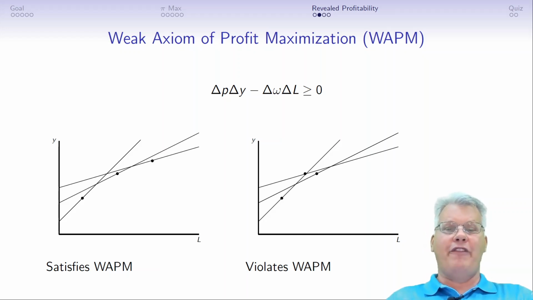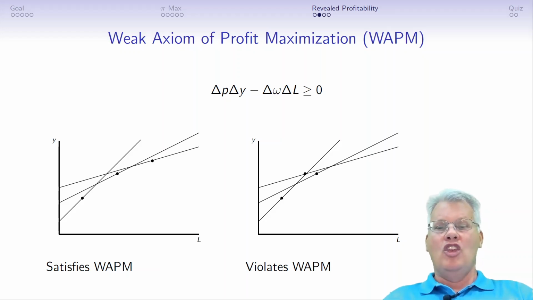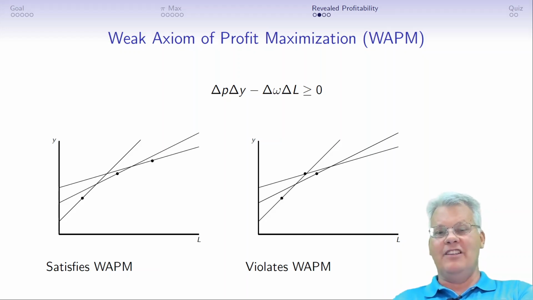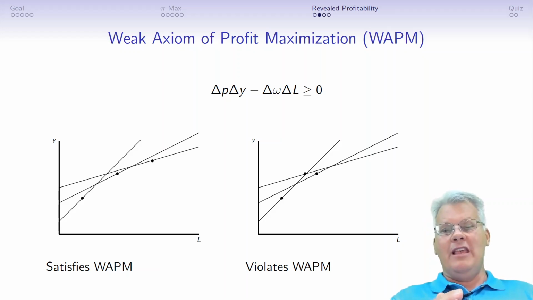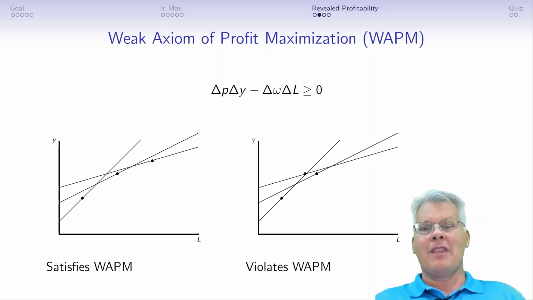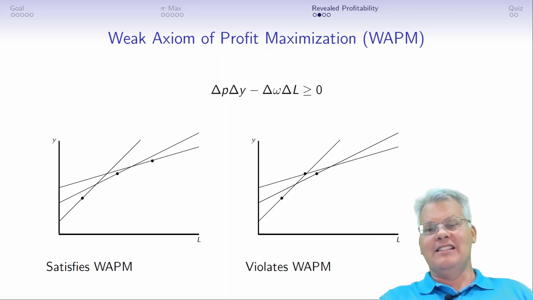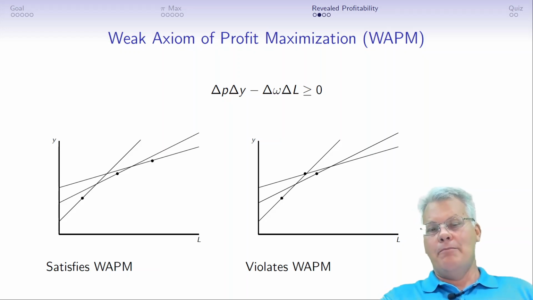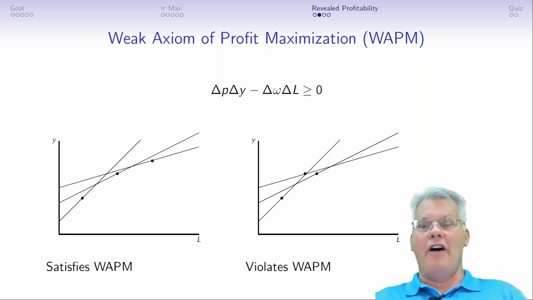As we get to the flattest isoprofit line, you'll notice that we have this point where the flattest isoprofit line is tangent to the steepest isoprofit line. That point is above the point chosen for the medium slope isoprofit line.